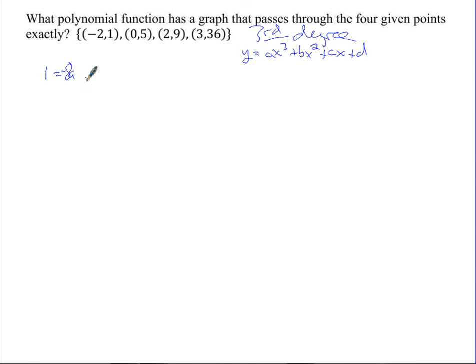Okay, so now we have the next term, negative 2 squared. So plus 4b. Next term. Minus 2c. Just plus d. There's no x to substitute in for there.